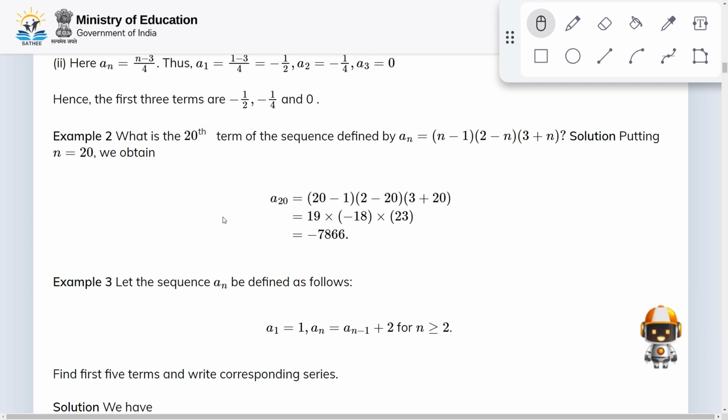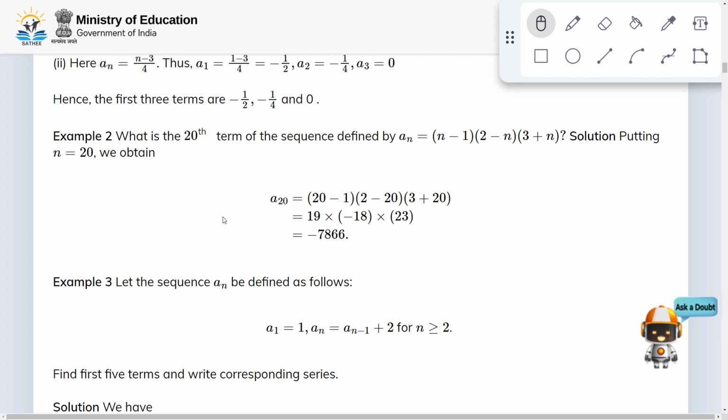Next example. What is the 20th term of the sequence? Whenever you are asked to find the nth term, the 20th term, or the general term, it means the sequence follows some kind of pattern. You just have to crack the pattern and analyze it.